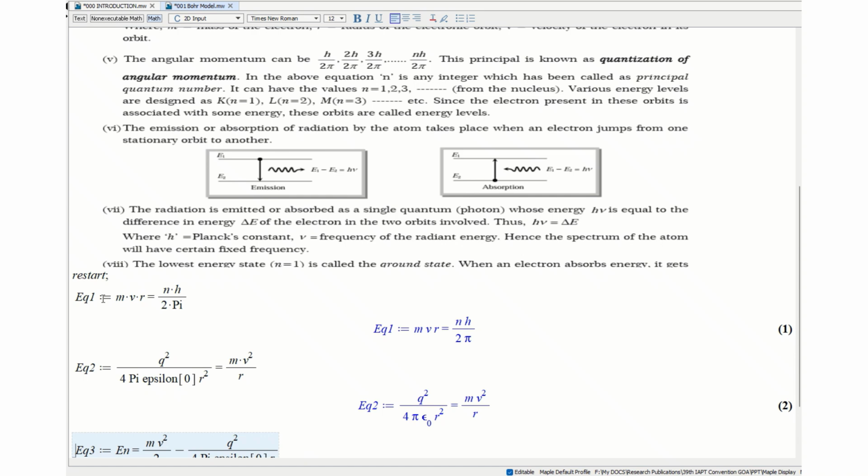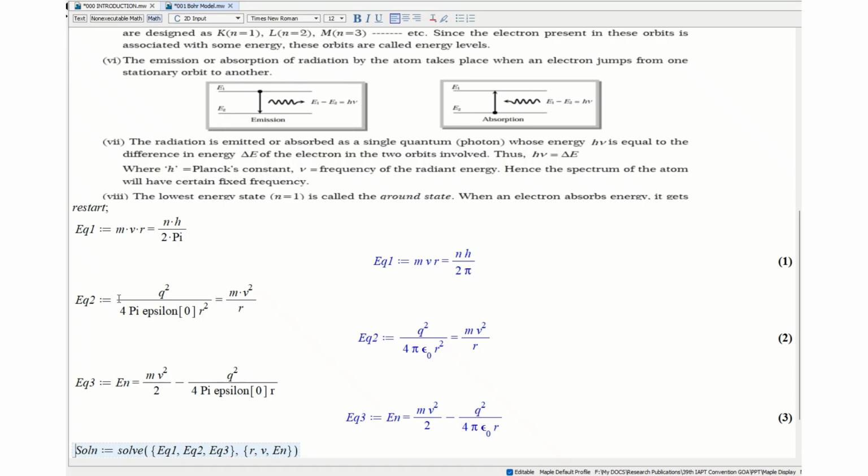The second equation, the necessary centripetal force for circular motion, is provided by Coulombian attraction. And the third one is total energy is kinetic energy plus potential energy.